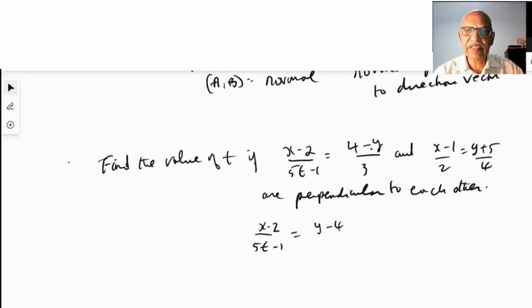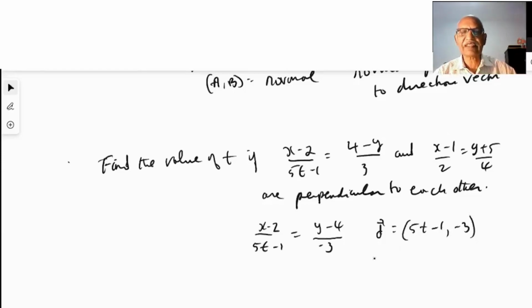If I take the negative out, I have to multiply the numerator by negative 1, so it is (y minus 4) over negative 3. So now the direction vector here is (5t minus 1, negative 3). This is direction vector d1.